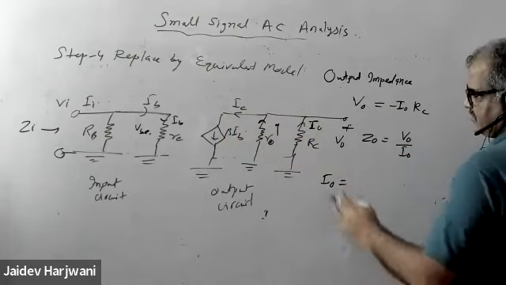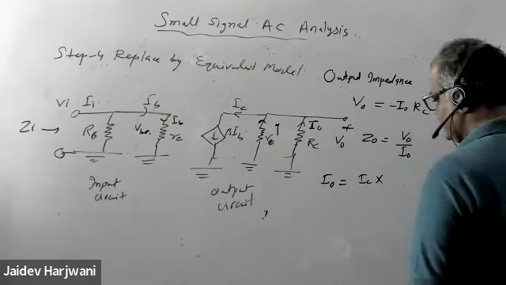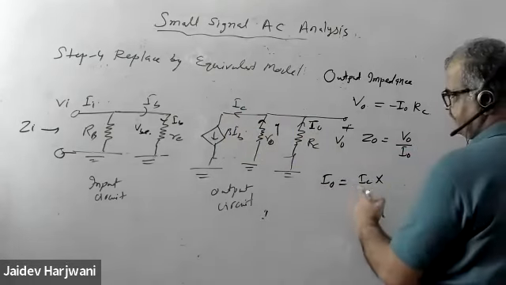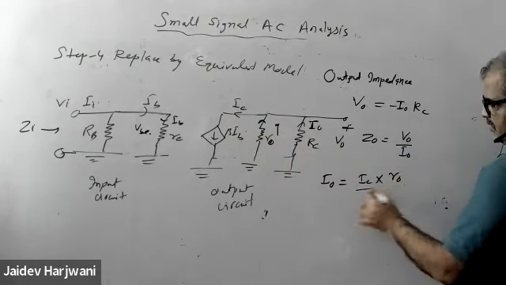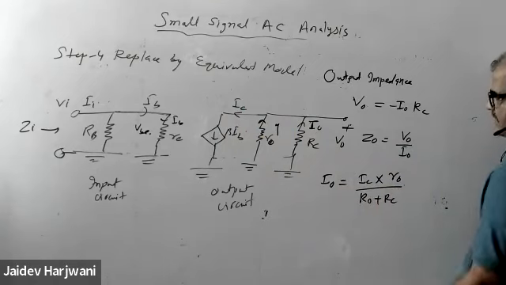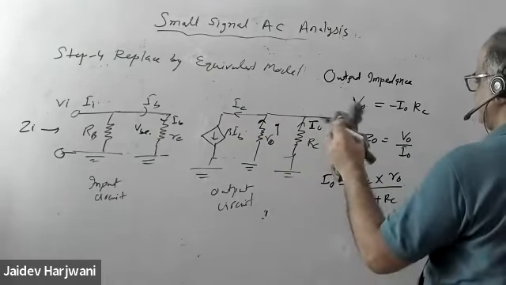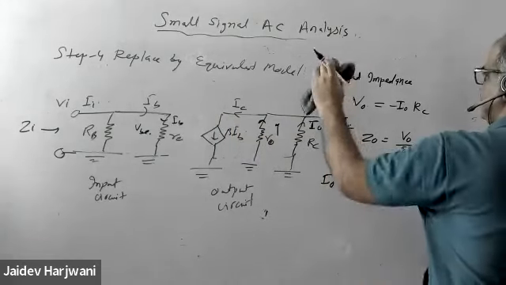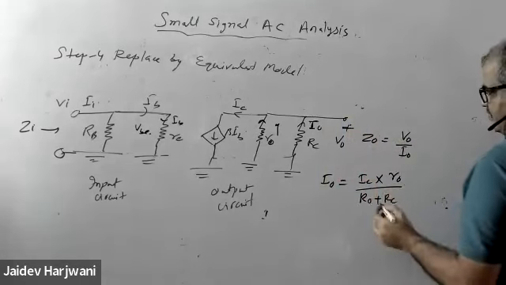I naught: total current is IC, and if I want the current in this branch, I have to take the resistance of this one, R naught, and total resistance R naught plus RC. So my output impedance Z naught will be what?